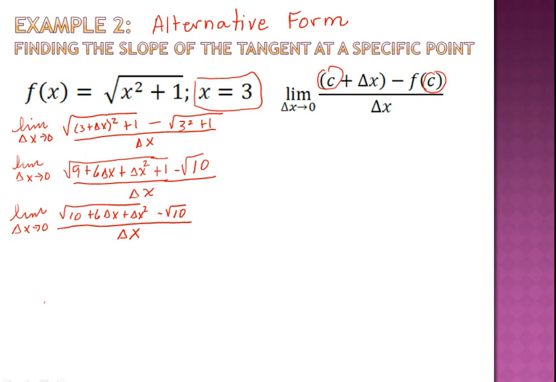Now that you have your algebra simplified, you should notice at this point that you can't plug in delta x equals 0, because that would make your fraction go undefined. So at this point, we're going to want to multiply by the conjugate of our numerator so that we can get our delta x on the bottom to cancel, and we'll be able at that point to plug something in.